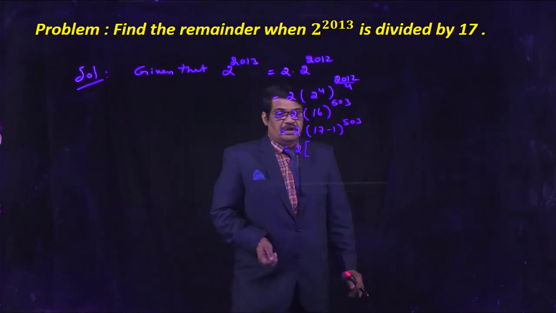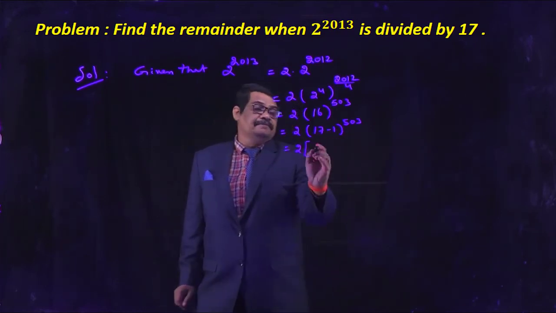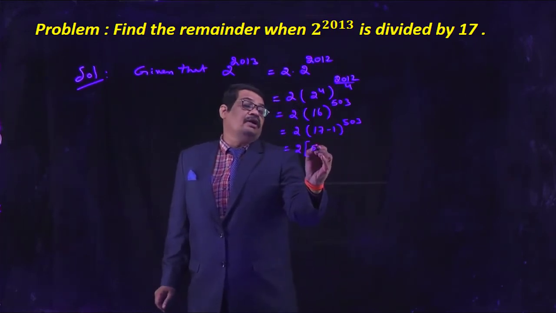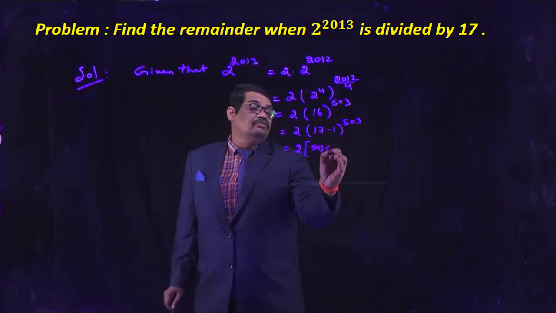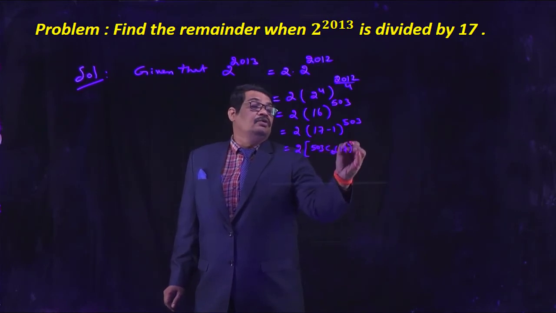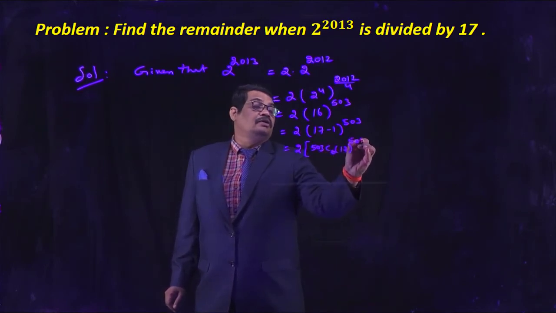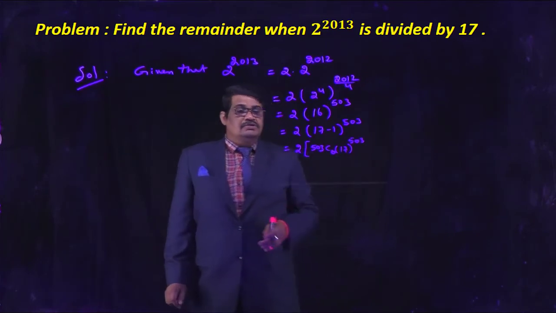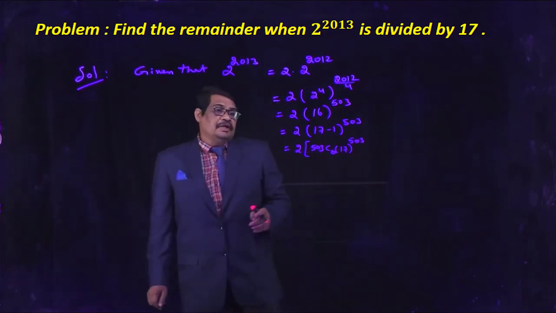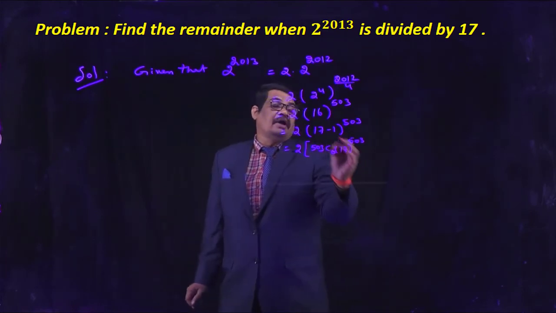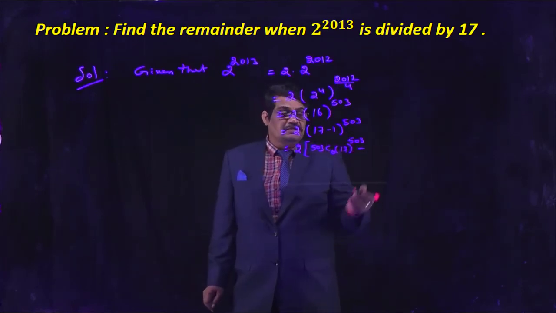Now we write the expansion, that is 503 c naught into the first term, 17 to the power of 503, that is n c naught x power n. The next term is minus, since we get plus and minus alternately.